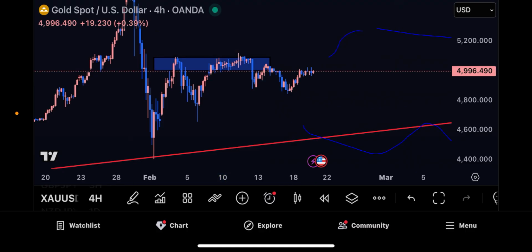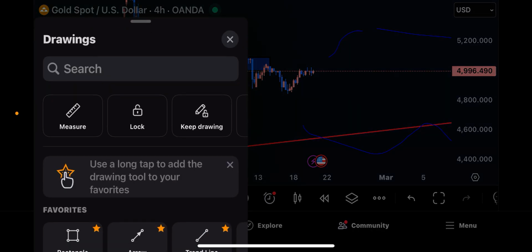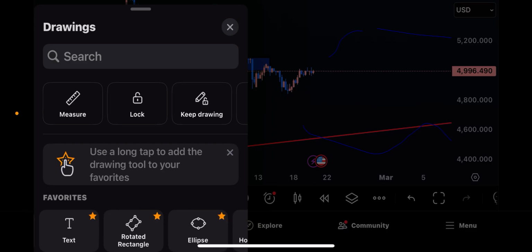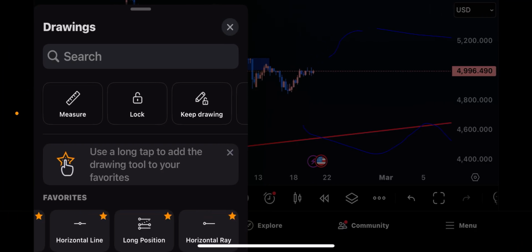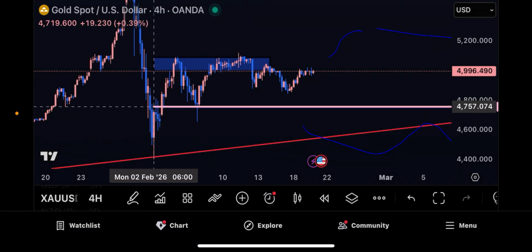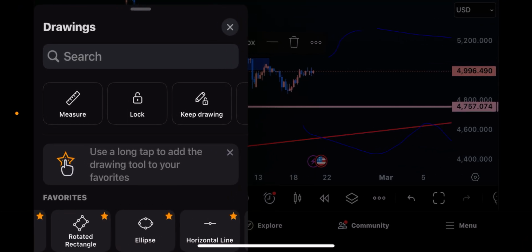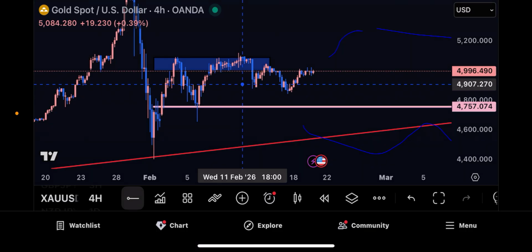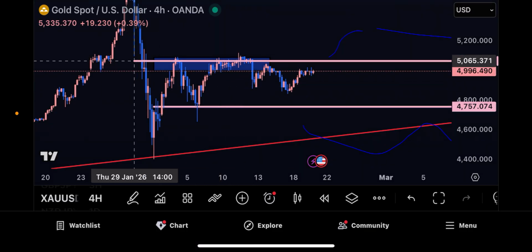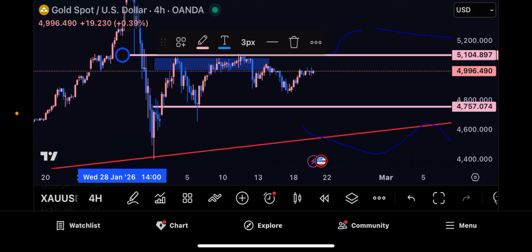However, because we're still in that range that I just showed you guys, gold is not truly doing anything but ranging within that zone that we just spoke about, because if gold were going to do something, it would break and retest these levels and hold it so that we can clearly make a move.